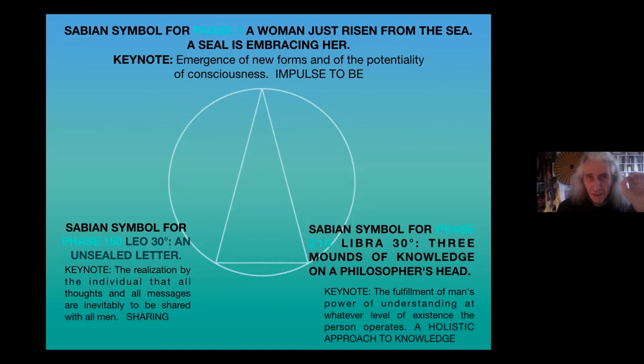And interestingly, then, if we look to the new moon, we get the first degree of Aries. This is the initial emergence of new forms and of the potentiality of consciousness. It's that primordial impulse to be.